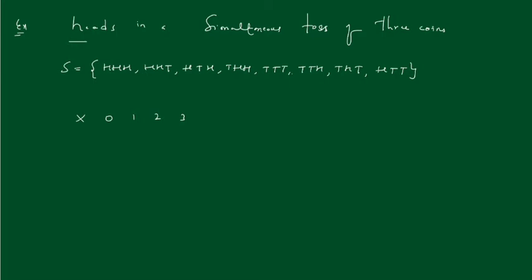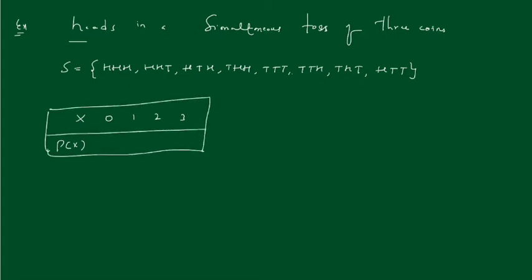So now P of x, that is the probability distribution, what do we have here? Let's have a box for this one. The random variable is denoted by x, right?